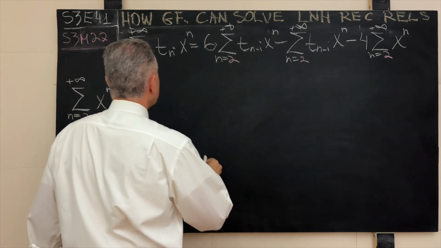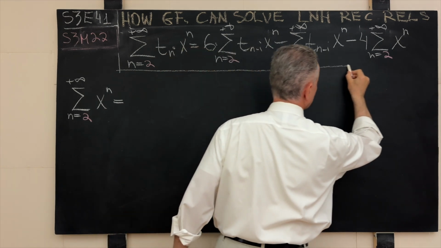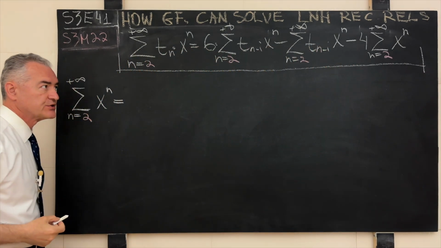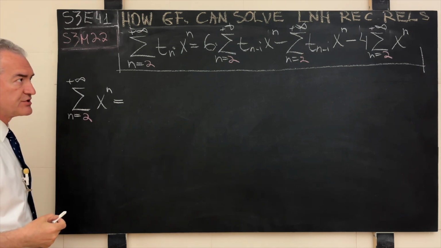Very good. Now that we obtained our main workhorse relation over here, I rewrote it on top of the board. We want to work on it piece by piece until we sculpt a material that can be solved for the generating function g of x.